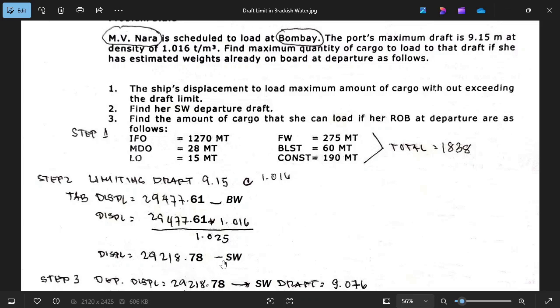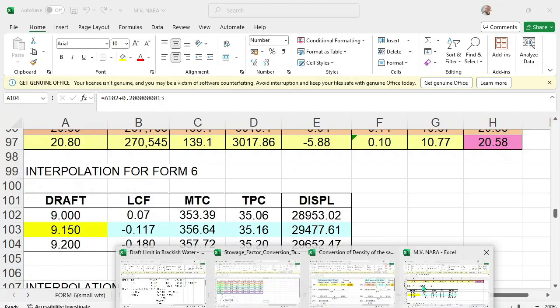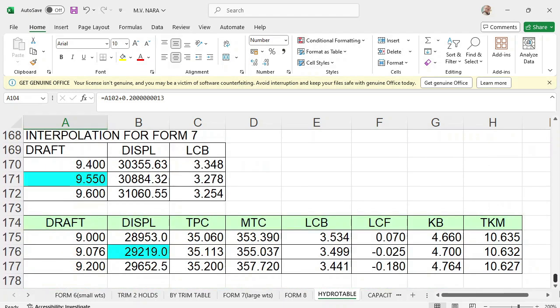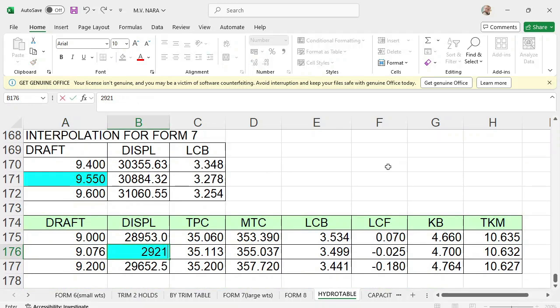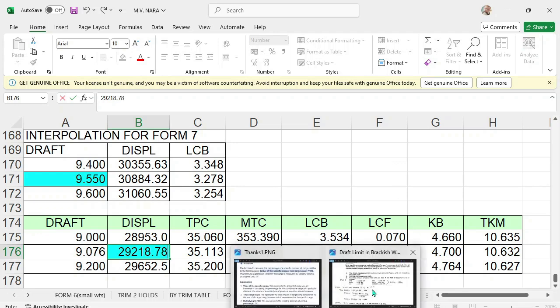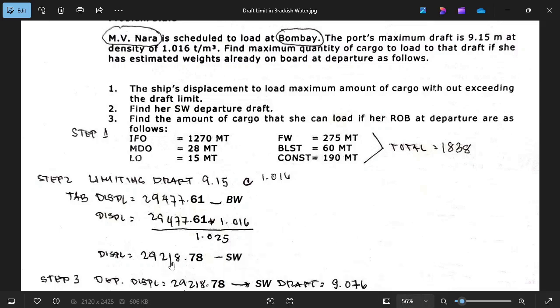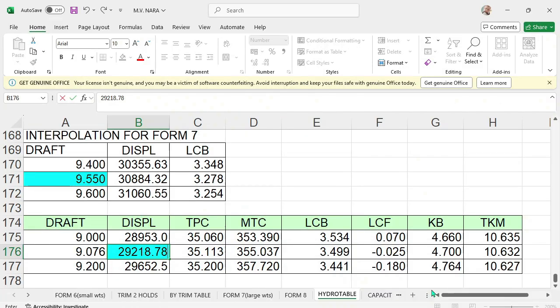So let's check this, guys. 29218.78. Then you push enter, and you will have a draft of 9.076.